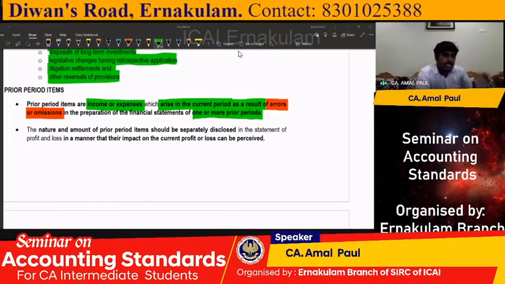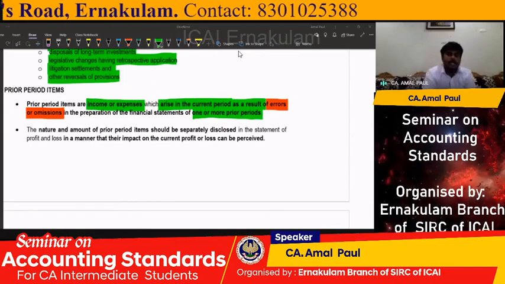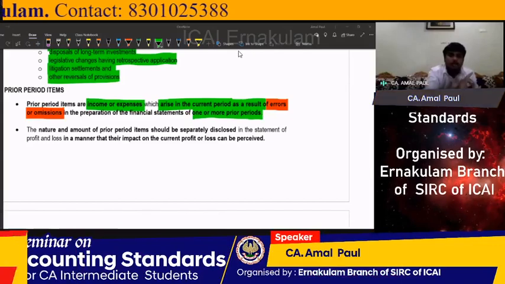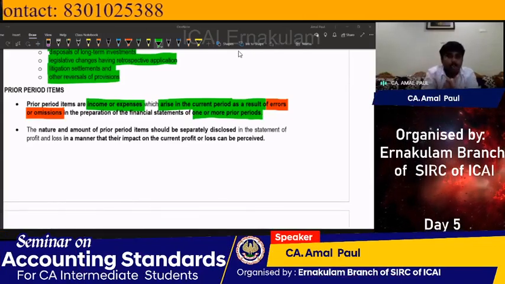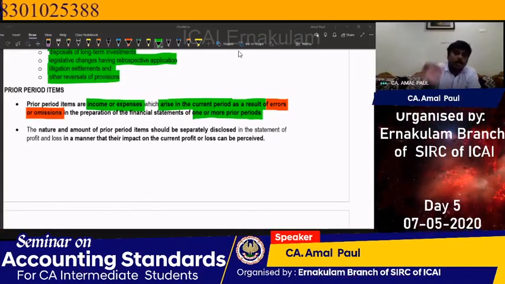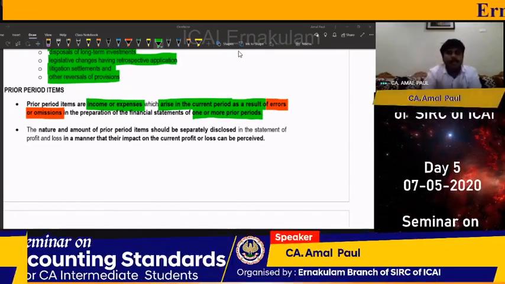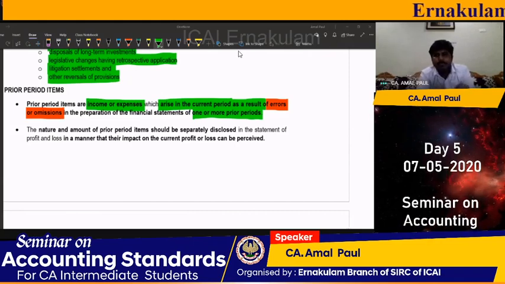If this is the case, this will be a prior period item. All income or expense related to previous years are not prior period items. Only if there is an error or omission in the prior periods will it meet the definition of prior period item.